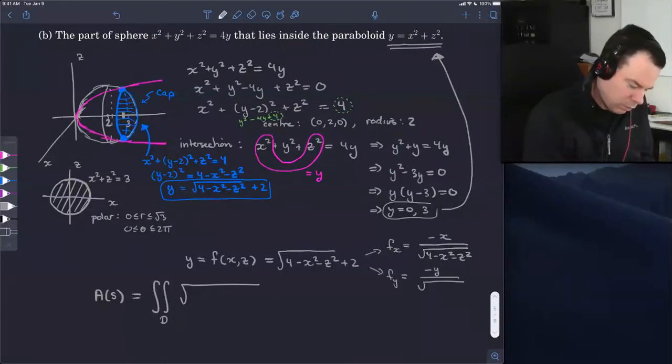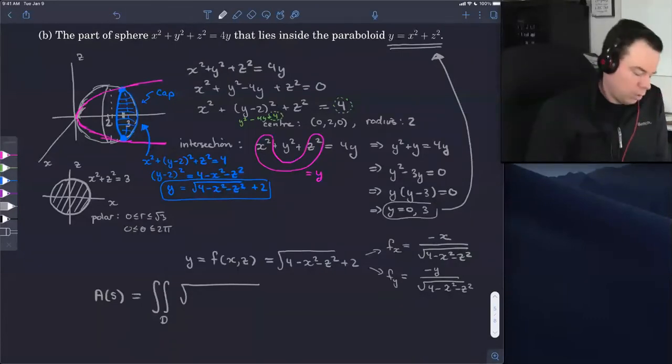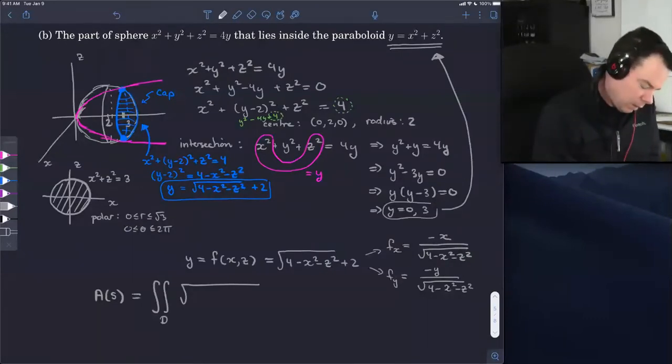And similarly for the y, 4 minus x squared minus z squared. And so there's our two partials, and that's the thing we're going to be plugging into our integrand.